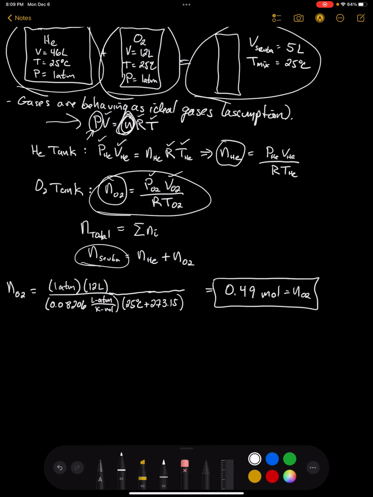Likewise, I can say that the number of moles of the helium is equal to the pressure of the helium. So I'm using this equation here now.